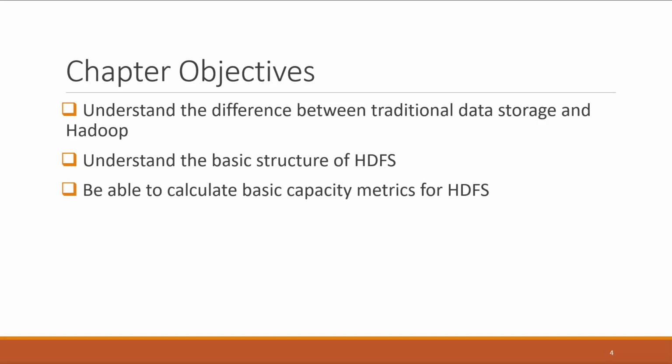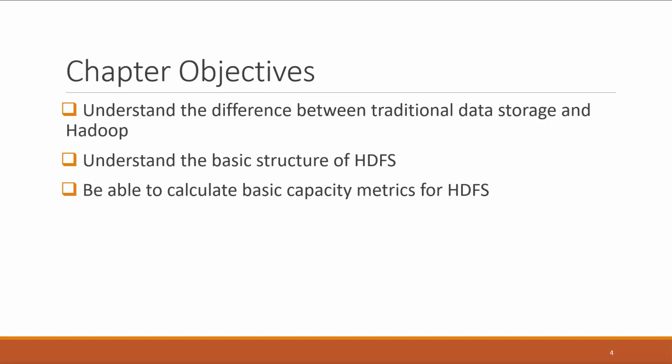And do be aware that HDFS, as part of the Hadoop Distributed File System, is one of those core elements of Hadoop. So every Hadoop version or installation comes with the Hadoop Distributed File System. We're using EMR, which stands for Elastic MapReduce, and that's actually the Amazon or AWS implementation of Hadoop.